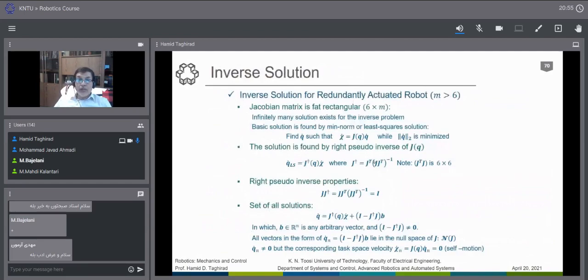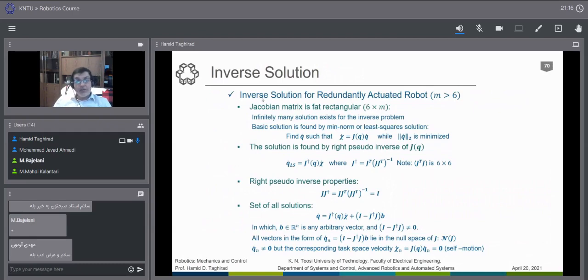Now, how we can resolve and use this degree of redundancy is a very, very interesting research topic. I will give some examples to provide you the avenue that you can work in this field.